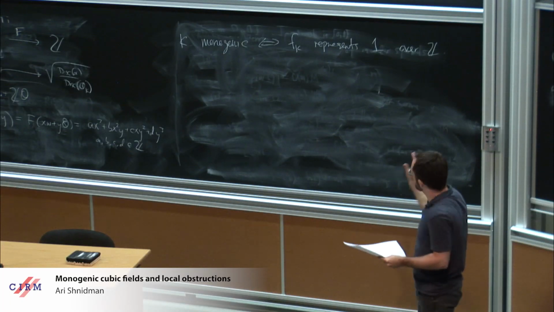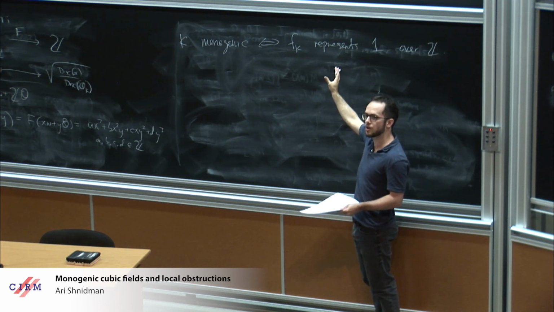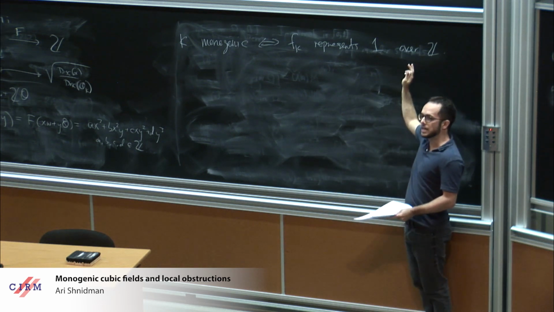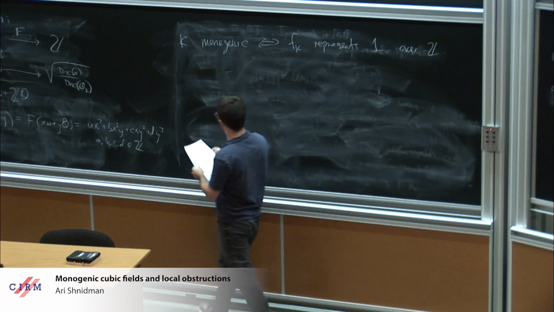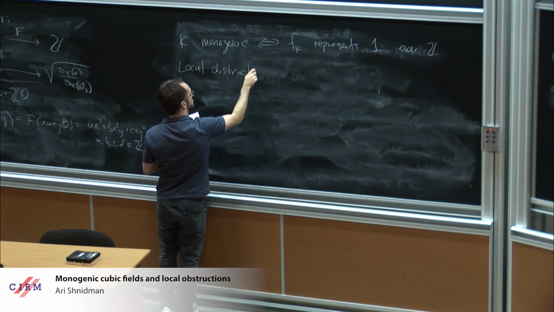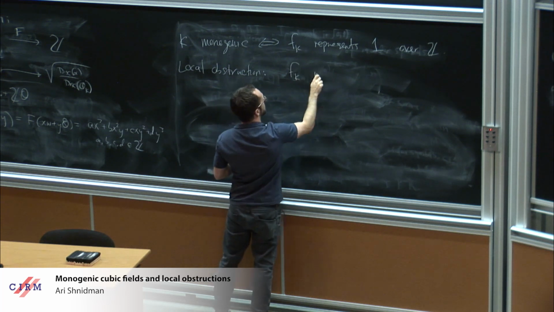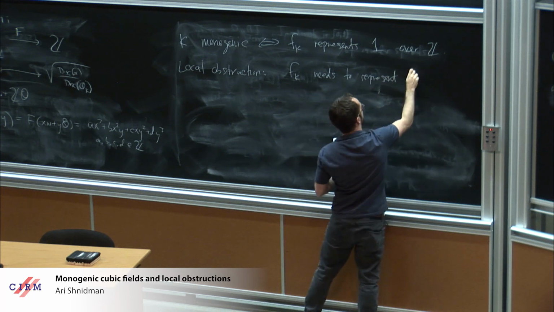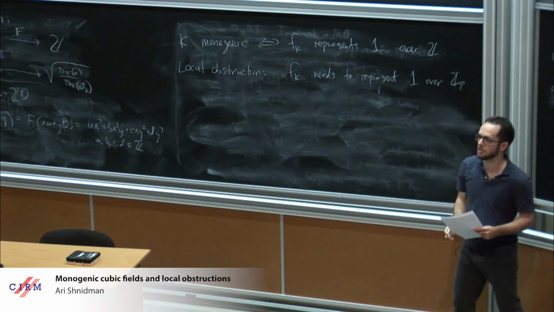So this is just an exact criterion to determine whether K is monogenic, but we immediately get local obstructions that are new, because if it's monogenic, it needs to represent 1 over Z. It therefore better represent 1 over Z_p for every prime p. So that's the new local obstruction. So if K is going to be monogenic, F_K needs to represent 1 over Z_p for all primes p.